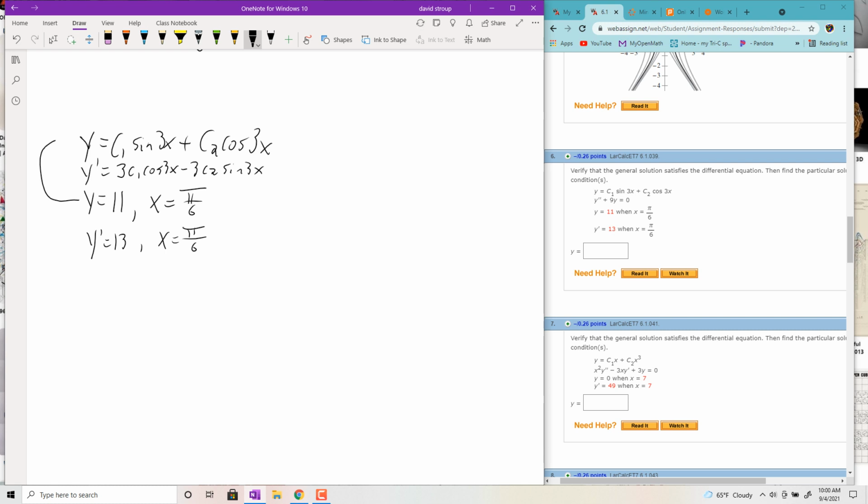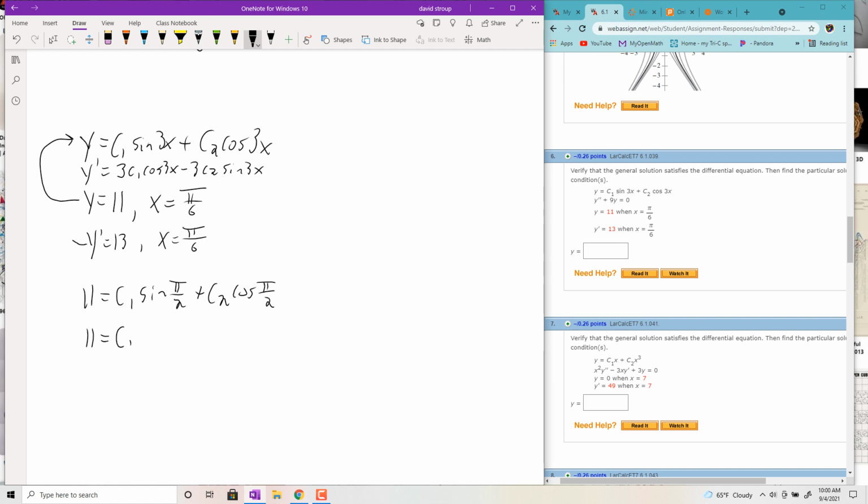Okay, so I'm putting these initial conditions into that guy. So I get 11 equals c1 sine 3 times pi over 6, which is pi over 2, plus c2 cosine 3 times pi over 6, which is pi over 2. So sine of pi over 2 is 1, and cosine of pi over 2 is 0, so you just automatically get c1 is 11.